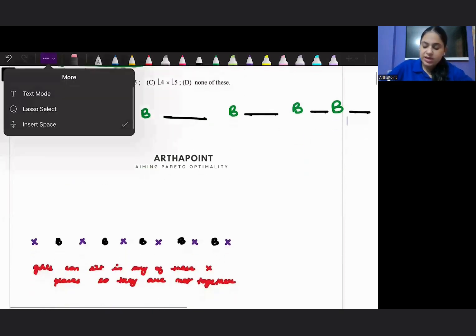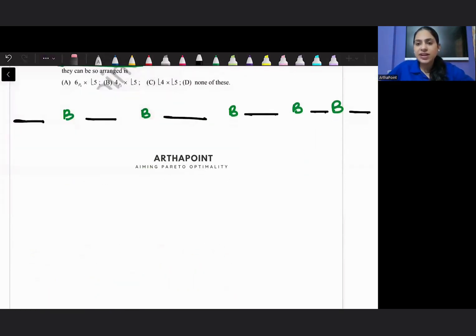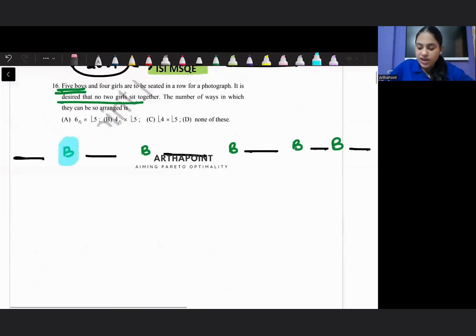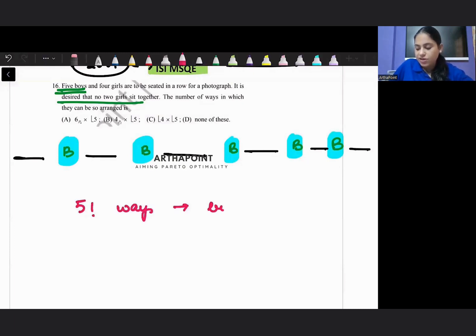First of all, I can arrange these boys. So I have 1, 2, 3, 4, 5. These boys can be arranged in 5 factorial ways. Now I need to arrange the girls. A girl can come here, here, here, here, here, or here.